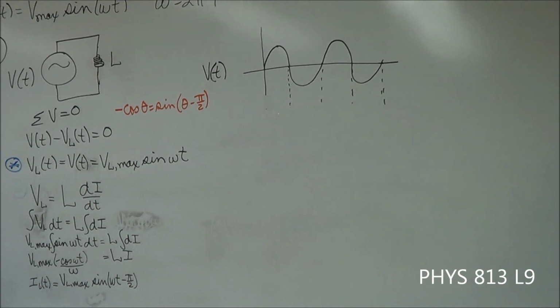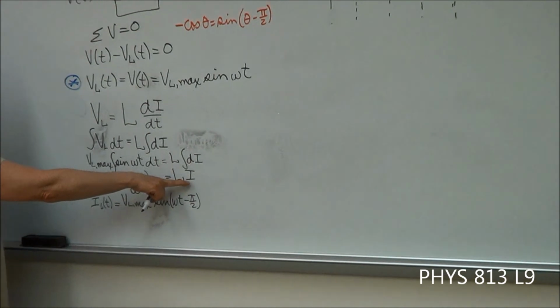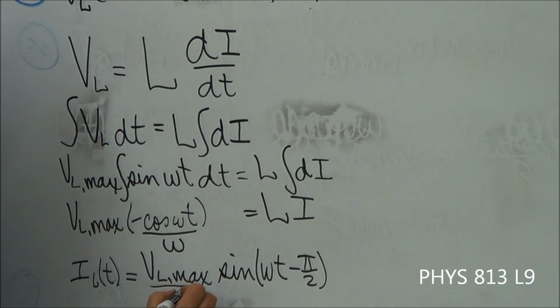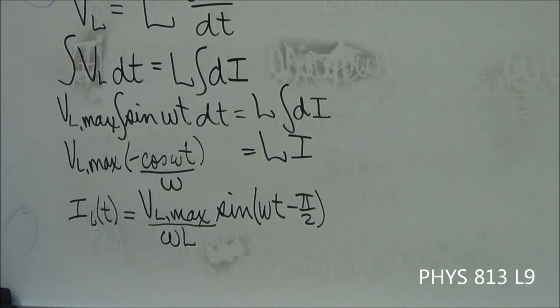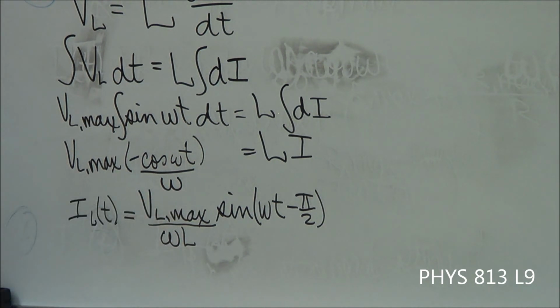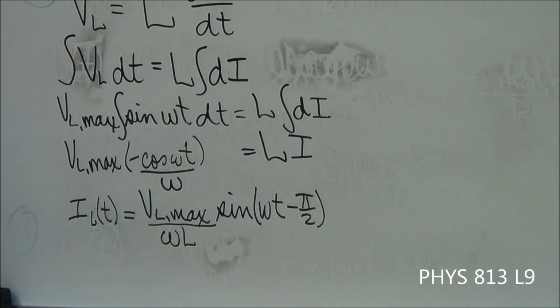Now we're still not quite done because we have this omega here and then we want to divide by this L. So I'm going to put divided by omega times L. Now, that looks very similar to what we had for the capacitor, except the capacitor had omega C in the numerator. We have omega L in the denominator.